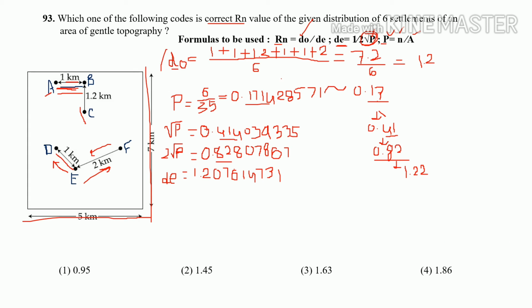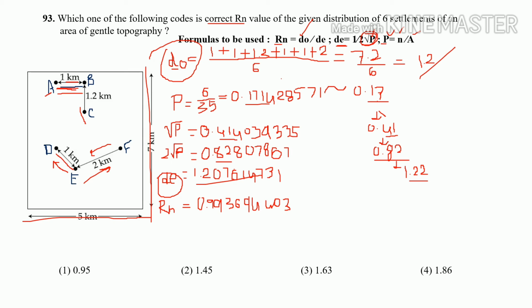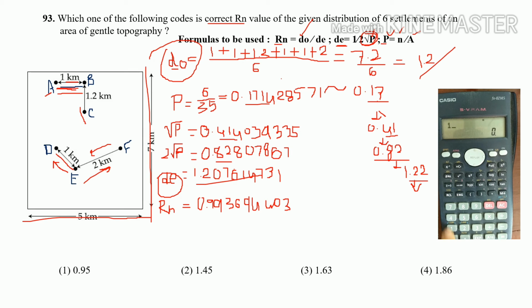Now that we have got DO, which is 1.2, and now that we have got DE with these two values, we can calculate Rn very easily. So Rn will be DO upon DE, and by calculating with this rounded off value we get, you can see the values in the calculator, you can follow that.